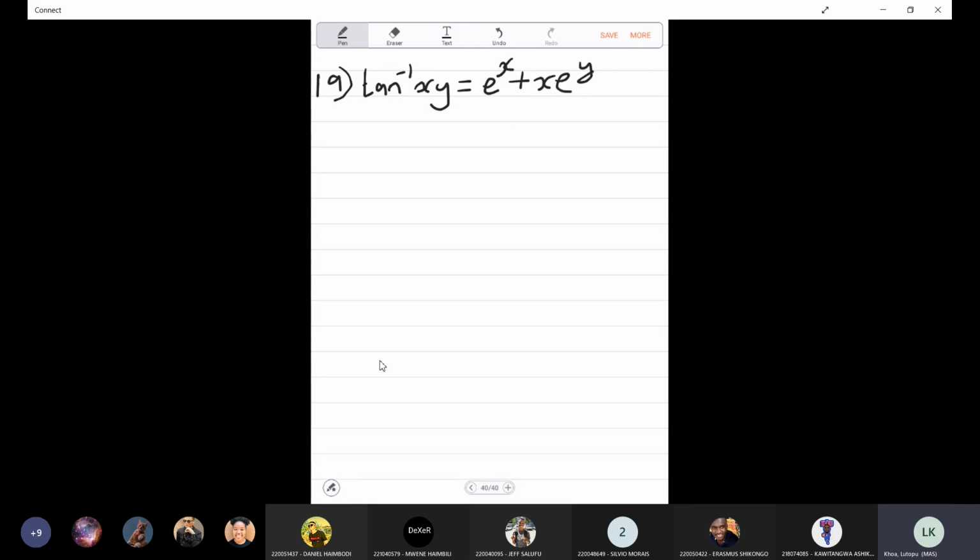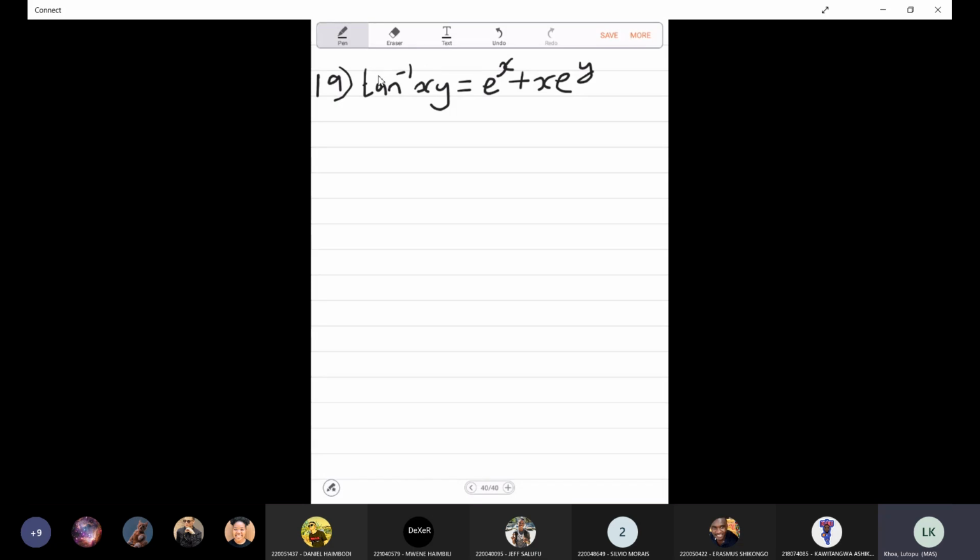So here you need to remember that y is a function of x. So when you're differentiating xy, you must use the product rule. Same thing over here. When you're differentiating this, you must use the product rule and include your y prime when you are differentiating the y.